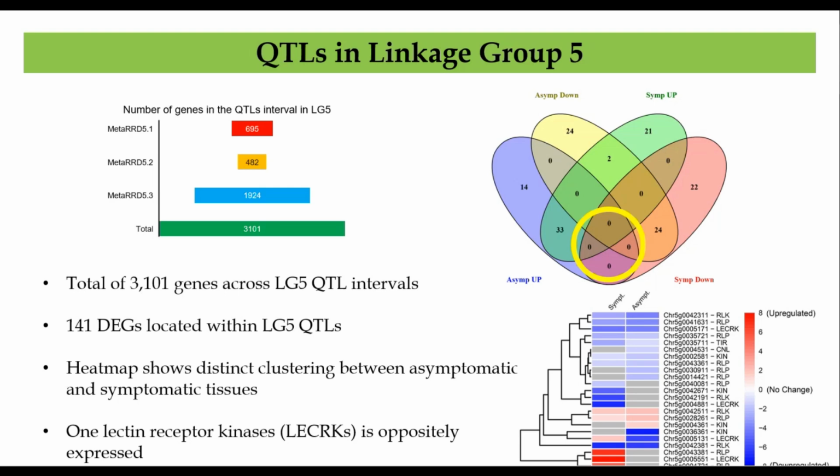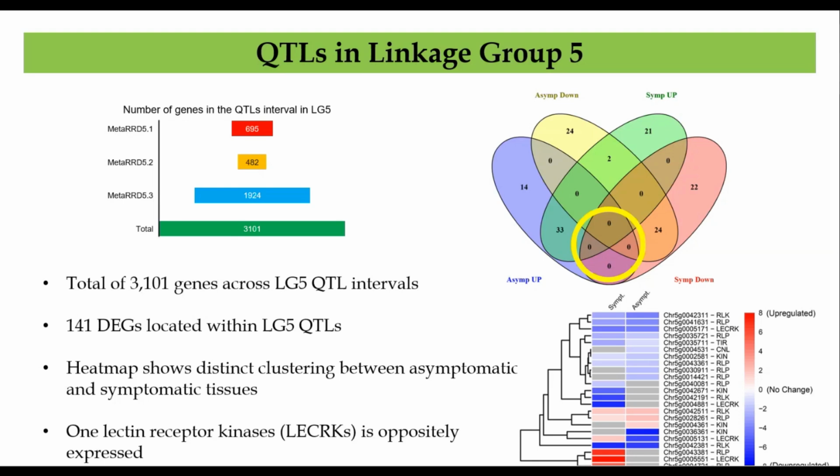So these are 23 genes over here. They were curated and sorted from the transcriptome analysis, from the QTL analysis, and from the resistance gene prediction that I showed. So 3 levels of sorting happened to find these 23 genes, which are differentially expressed, are resistance genes, and are in the QTL regions of linkage group 5.